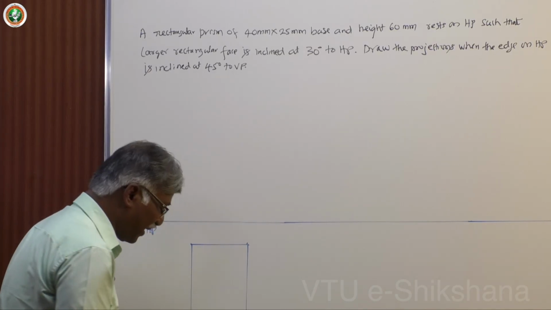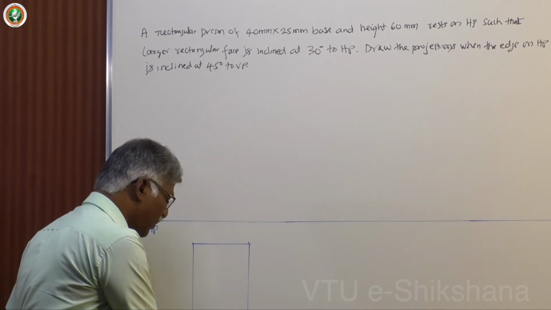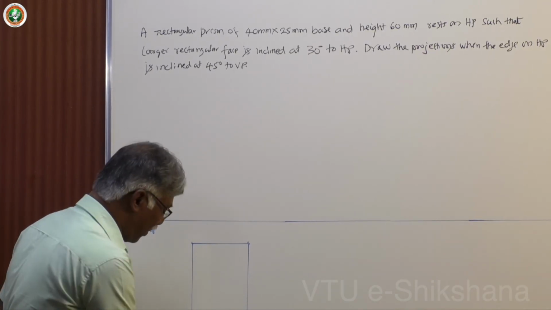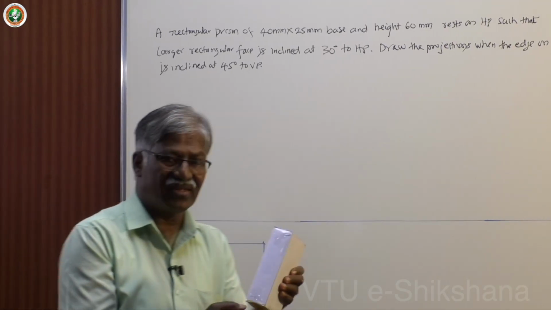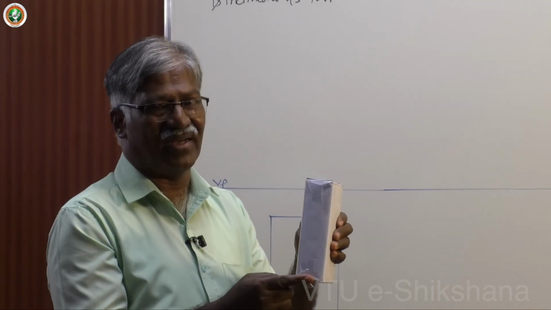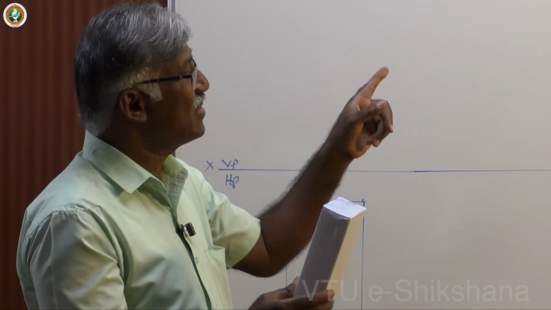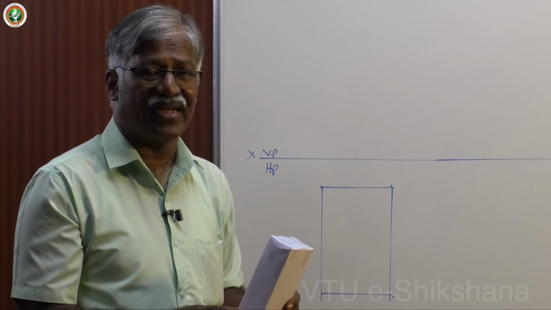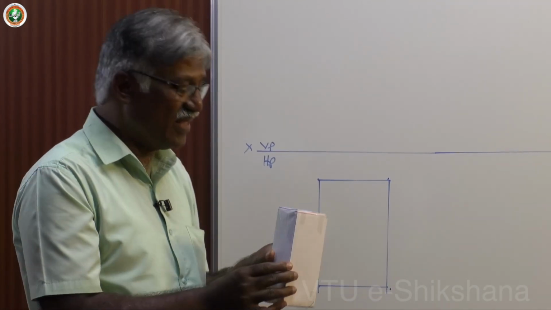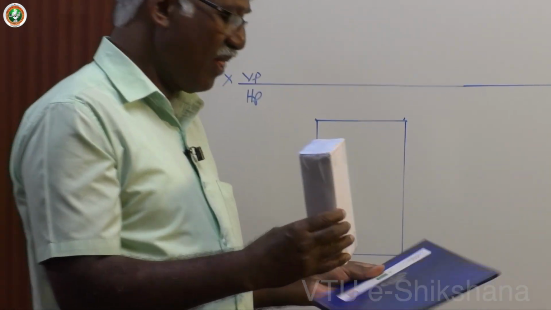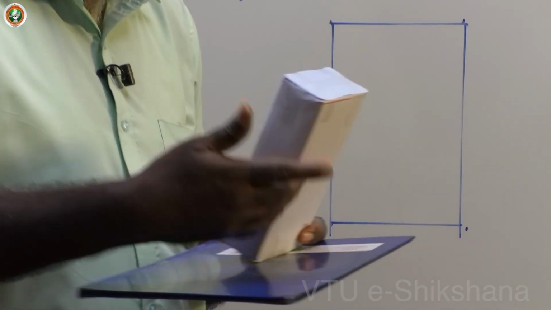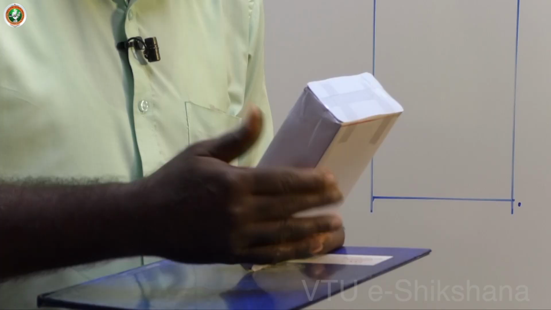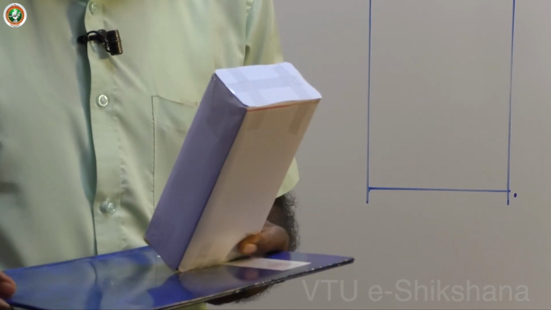As you know, the rectangular prism has got two types of edges. One is the longer base edge, and the other is the shorter edge. He never says it rests on longer side or shorter side. Which one, we have to decide based on the requirement. See, in particular, he says the larger rectangular face is inclined at 30 degree to HP.